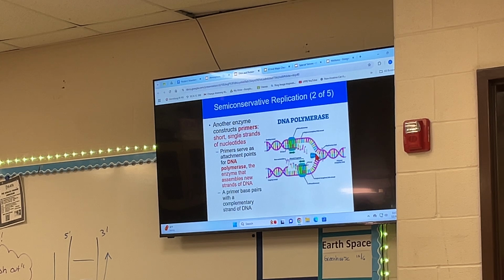So the helicase is splitting it apart, the primers are in place, and then the DNA polymerase is reading the strands and matching everything up as it goes along. Both strands are having the replication take place at the same time.